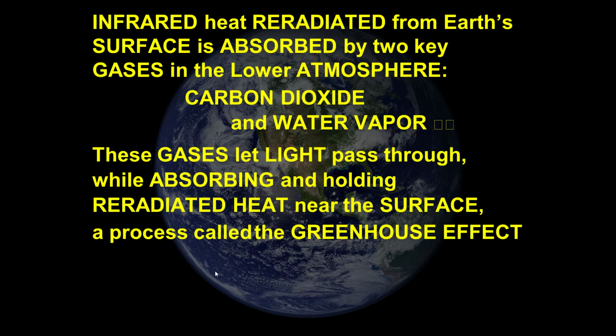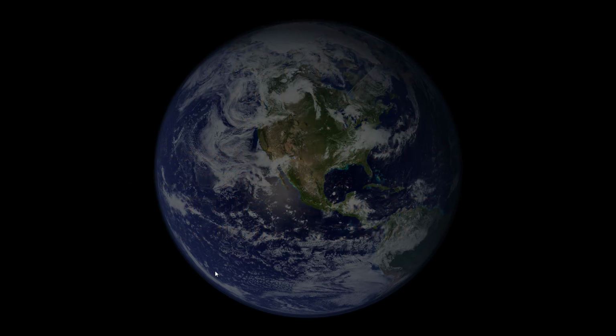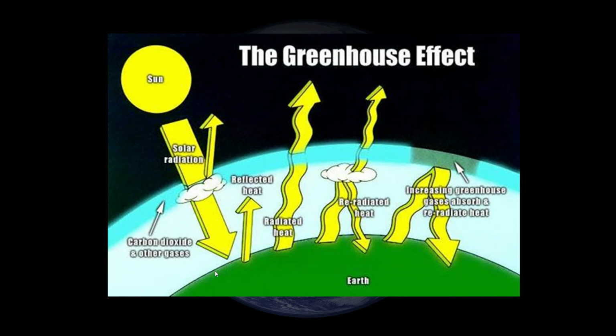It lets in visible light quite nicely, but when heat tries to get back out, some of it does, but a fair percentage of it gets held near the surface and it keeps us warmer than we would be otherwise. The greenhouse effect is a good thing. Without it, we would be frozen and the Earth would not be habitable. So, solar radiation comes in, gets to the ground.